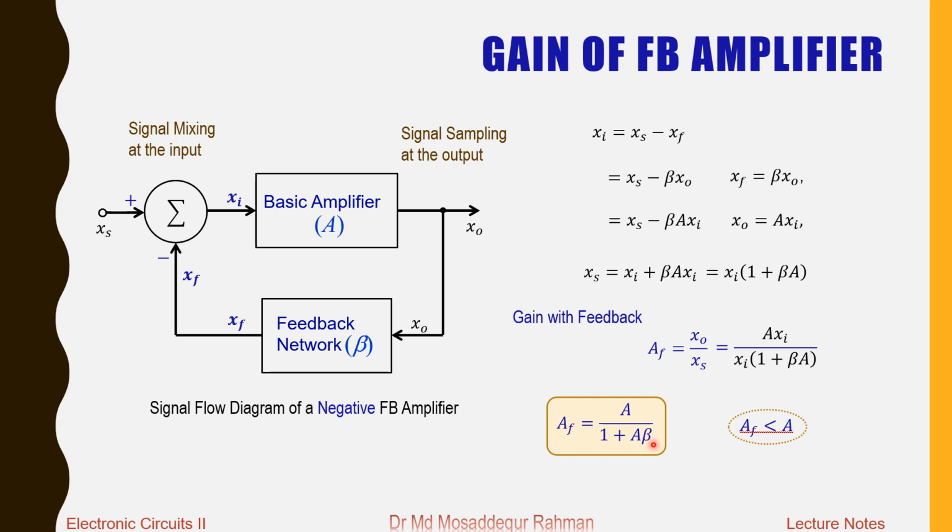Now one obvious conclusion we can draw from this expression is that this term here is less than A, because A is being divided by this factor, and this is greater than 1. So obviously this expression will be less than A, the magnitude of the gain of the basic amplifier. So the gain with feedback will be less than the gain of the basic amplifier.